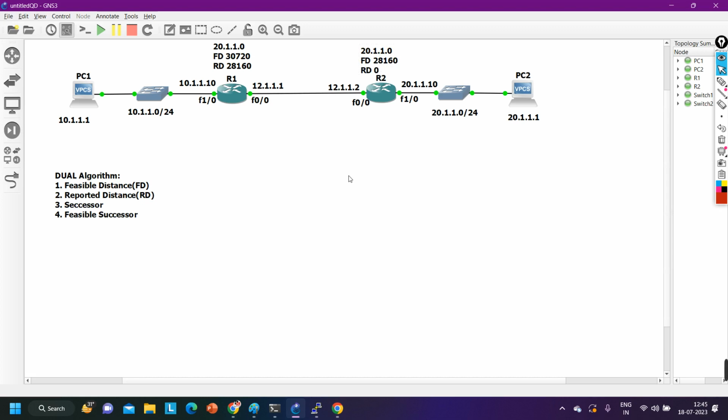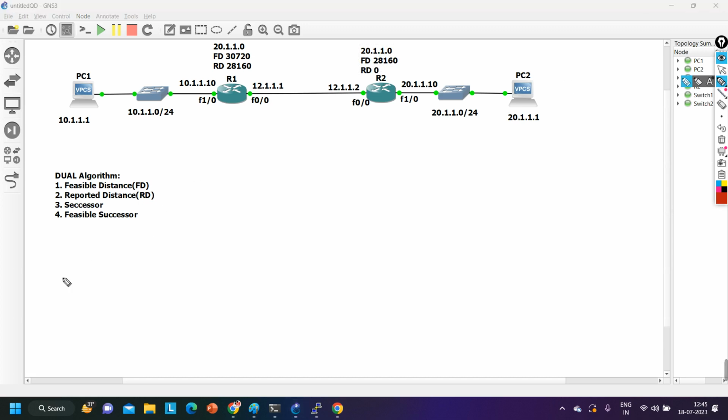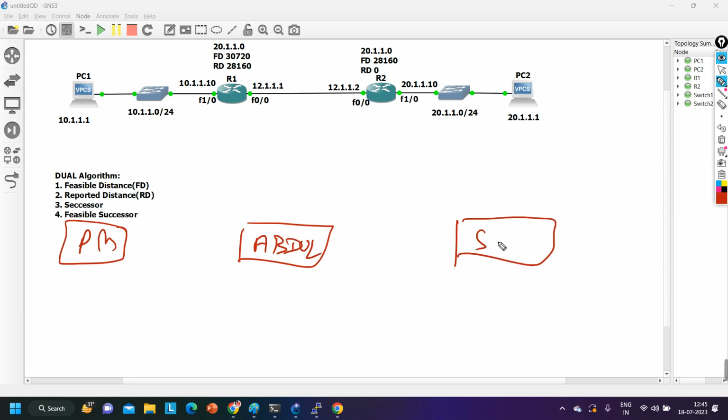Getting my point? Here, let's say I am in India, in a single city. This is Praful, PM. PM is here. After that, Abdul is here. And then Soha is here.